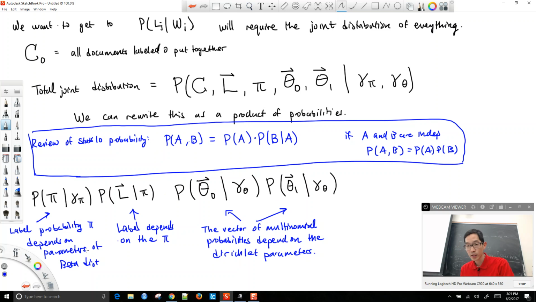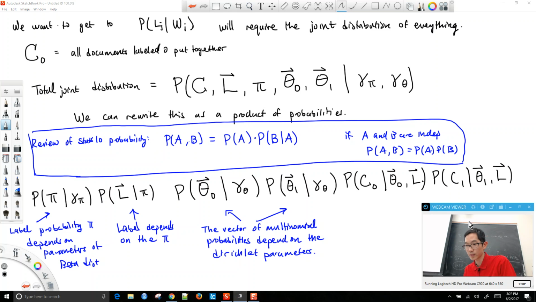Finally, let's account for the documents themselves. We've got the probability of our corpus of documents labeled 0. All the words that we see depend on the vector of probabilities for the words and the vector of labels. All the words labeled 1 depend on the vector of word probabilities for label 1 and the vector of labels.